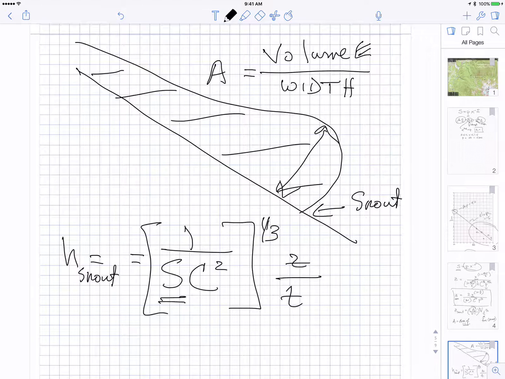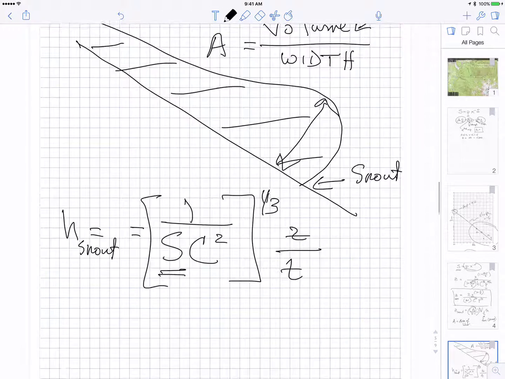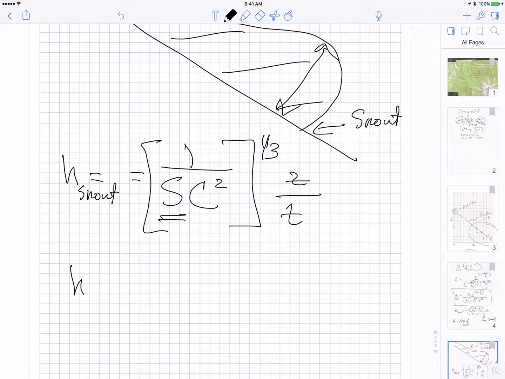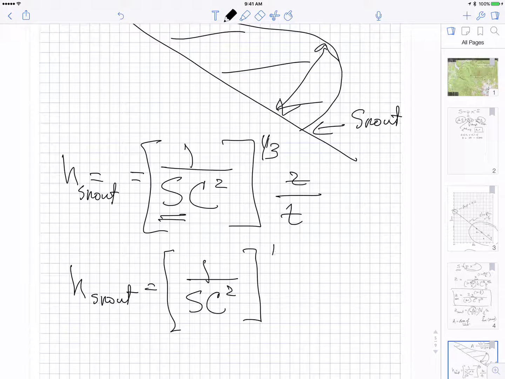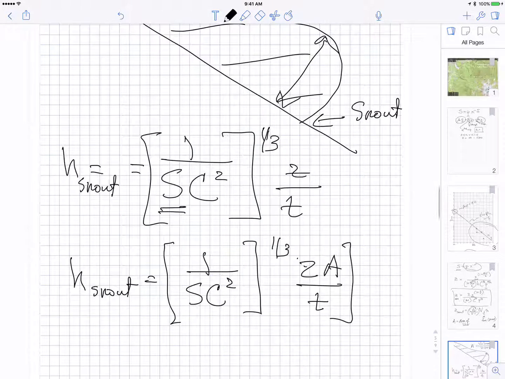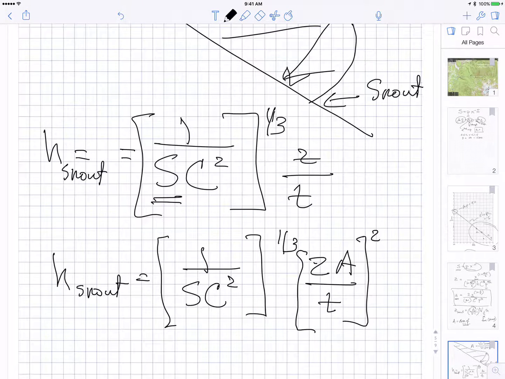You do, in this case, need to know the local value of the slope. But you can plug all those things in, and when we simplify this a little bit, we get the h of the snout is equal to 1 over S_C squared to the 1/3 times 2a over t to the 2/3. And so we have these equations.